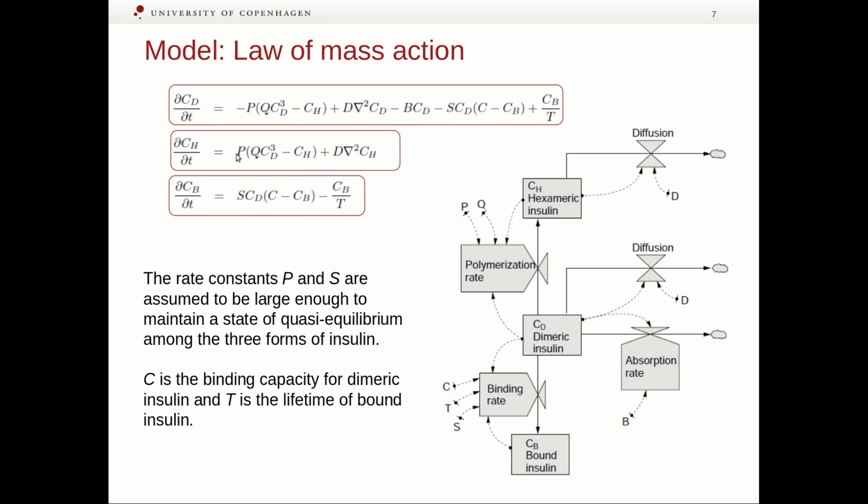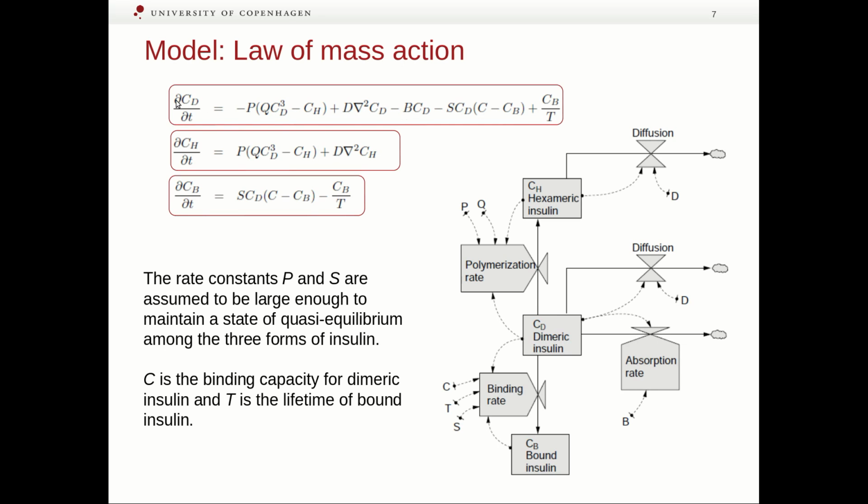And it also has a transition between dimeric and hexameric insulin, and this is determined by this law of mass action that says that you need to have free dimeric insulin transformed into one hexameric insulin. And the result is that in this chemical process you need to have a power of 3 in the dimeric insulin concentration. And on the top here we have all the different processes together.